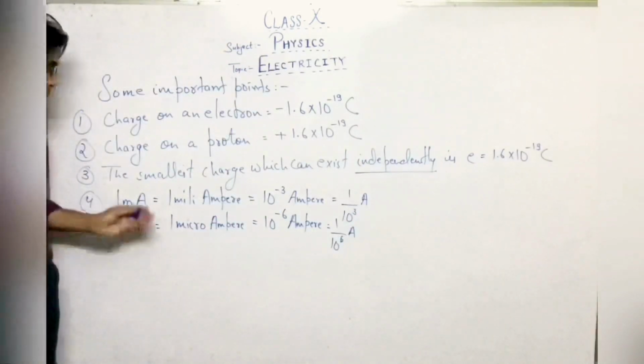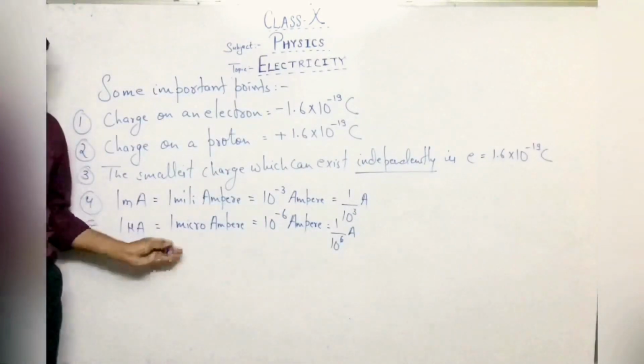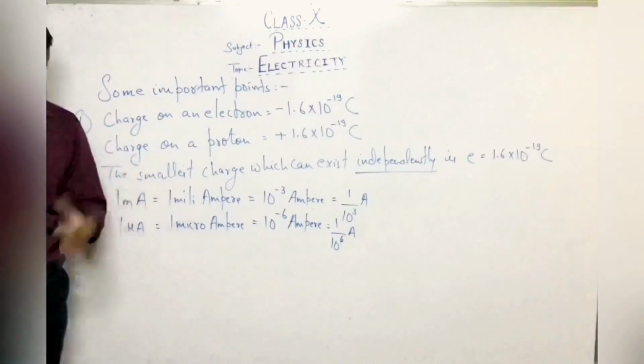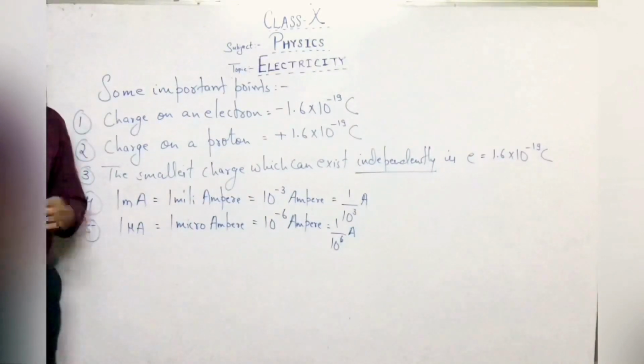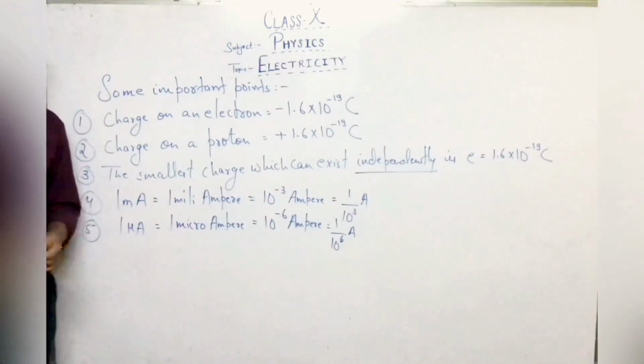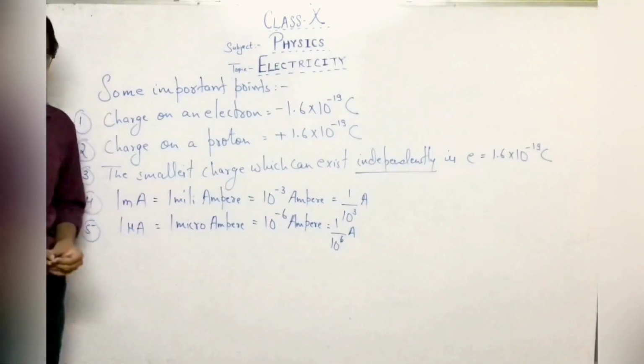So these are smaller values of current. Suppose 5 milliampere. It means 5 into 10 to the power minus 3 ampere. Or 5 microampere. It means 5 into 10 to the power minus 6 ampere.